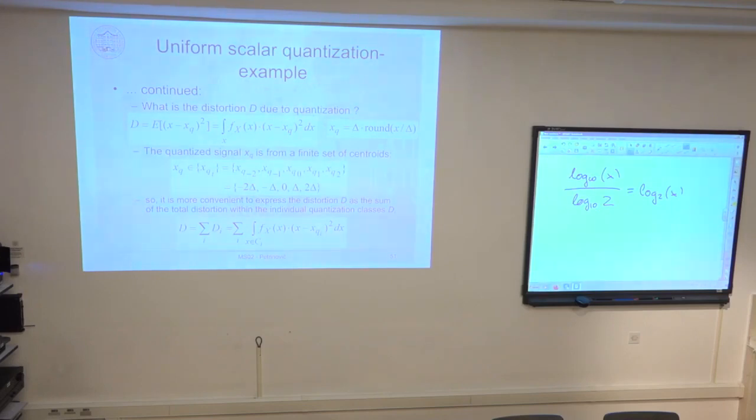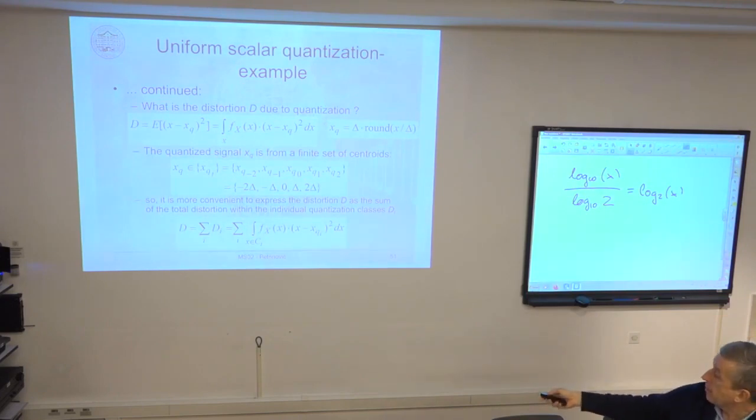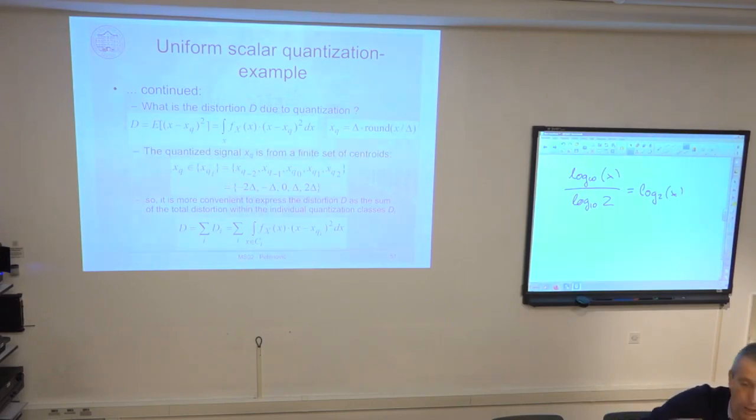But actually, this integral can be computed for the whole range of x, but also can be computed by simply combining individual intervals. This integral here is from -1 to 1, but I can also compute it in individual classes by simply going, for example, from -1 to -0.6, from -0.6 to -0.2, and so on.